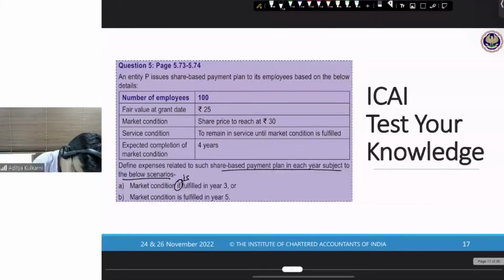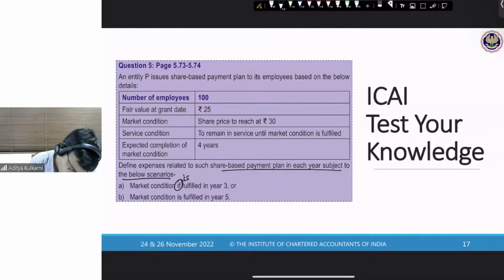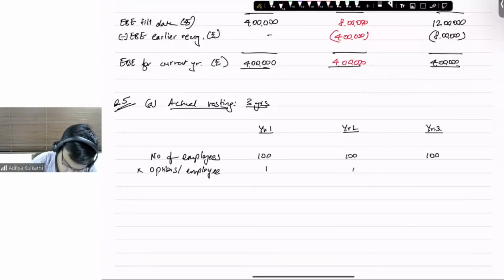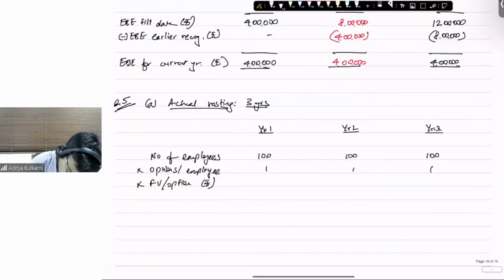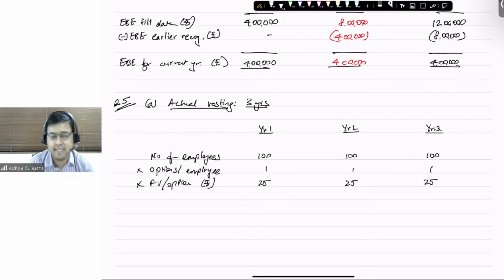How many options? Issues share-based payment plan. They have not given the options number, so 1 ही ले लेंगे. 1 into fair value per option. The fair value is how much? 25. Acha, in this fair value, I would have included the estimate of 4 years already.